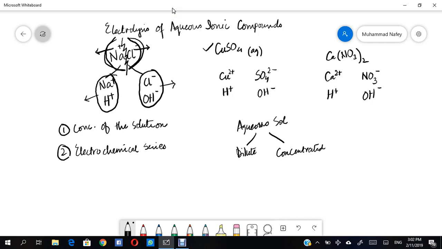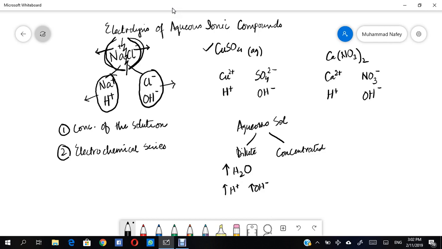A dilute solution is one which has proportionately more water than the solute, and therefore it will have a higher concentration of hydrogen ions and hydroxide ions than the ions coming from the ionic compound itself.